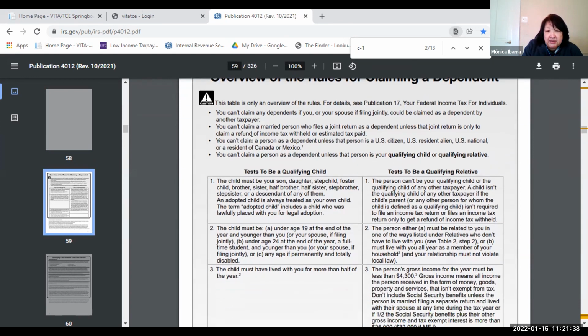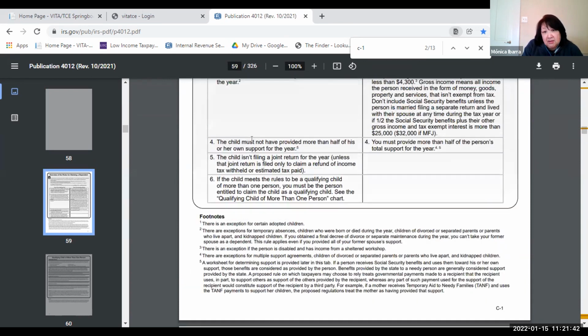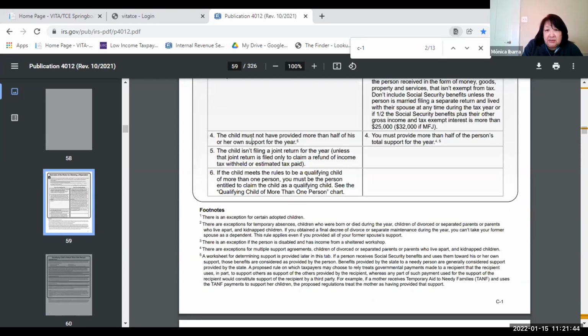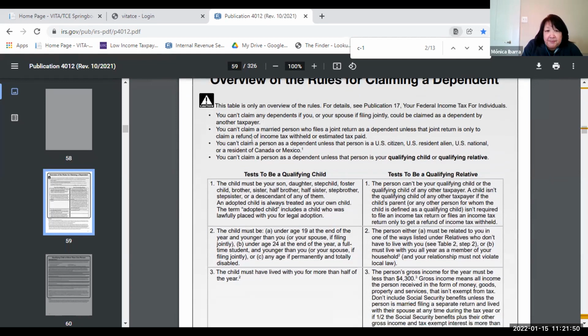So this is a sheet on C1 that talks about what a qualifying child is versus qualifying relative. And qualifying child is important for the child tax credit, it's important for the earned income tax credit, and it's important for your filing status.